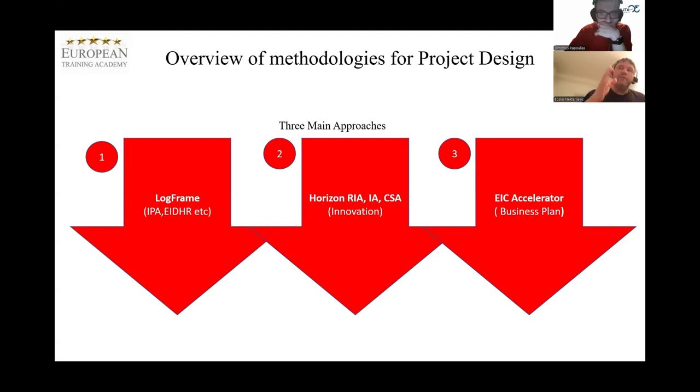But versus the US investment schemes, which are solely based on business plan, you have quite a lot of bureaucrats to feed in the EU.